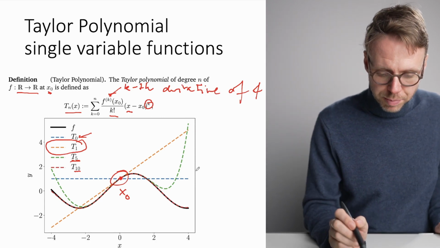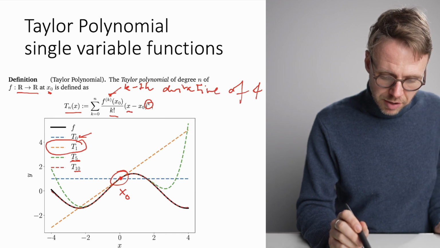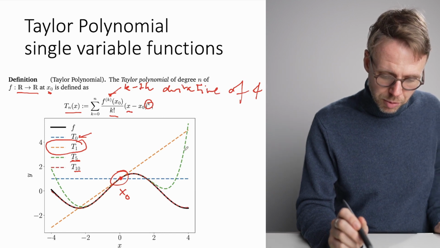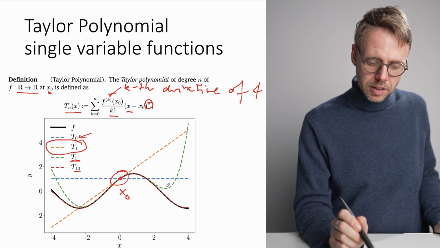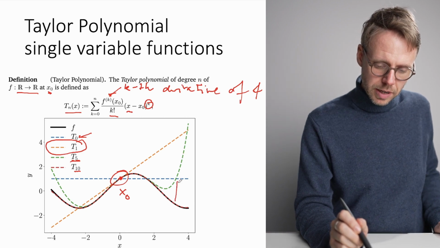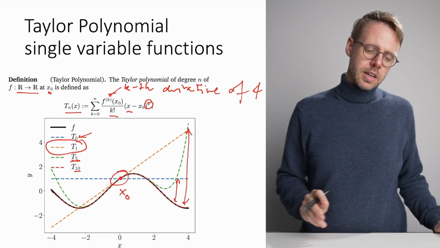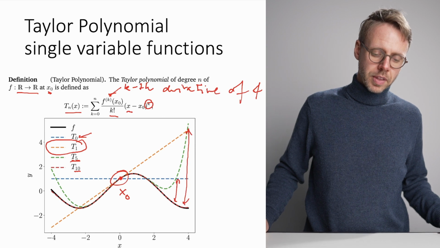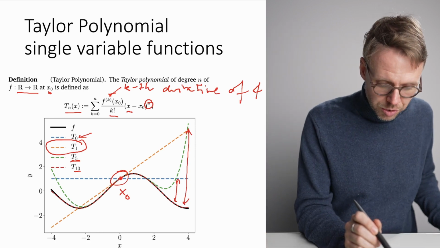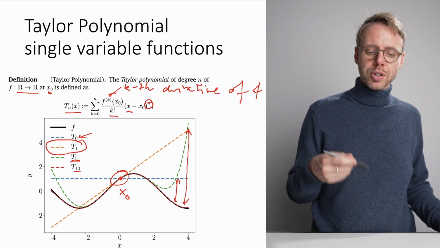For example, here for a polynomial of degree 5, you see that this polynomial goes away from the true function value quite rapidly. So here you see the difference, and you see how the difference increases a lot. However, as long as you're close to the function value, a high polynomial will give you a very good approximation.